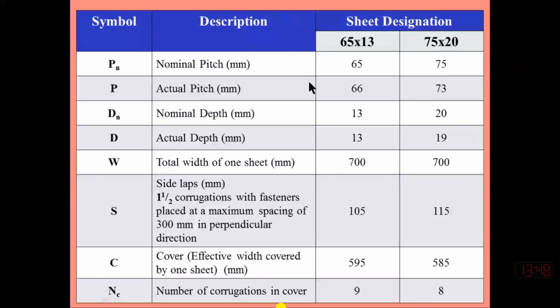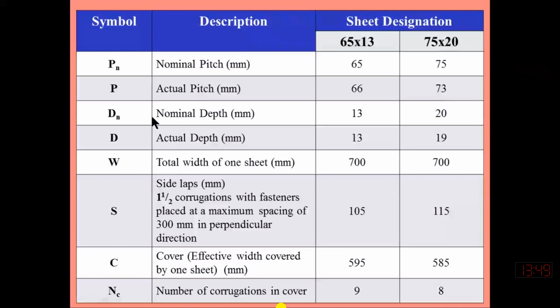We always round the actual pitch to the nearest multiple of 5 millimeter, so we don't call it 73 into 20, rather we call it 75. 13 is the nominal depth of this sheet, and 20 millimeter is the nominal depth for this sheet. The actual depth of this sheet is 13, but the actual depth of this sheet is 19 millimeter.